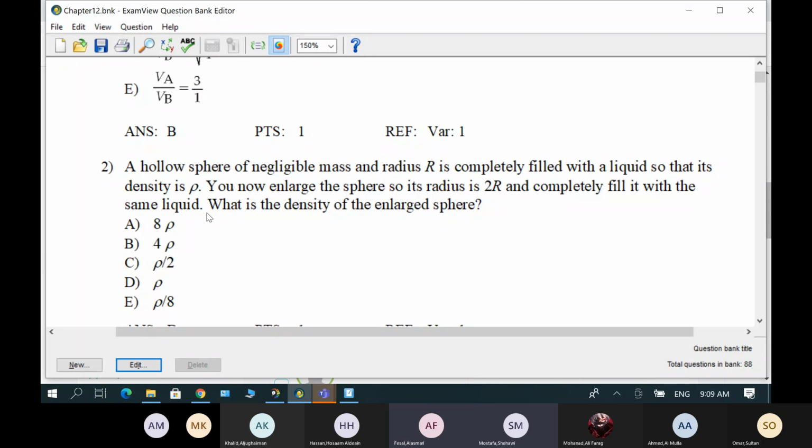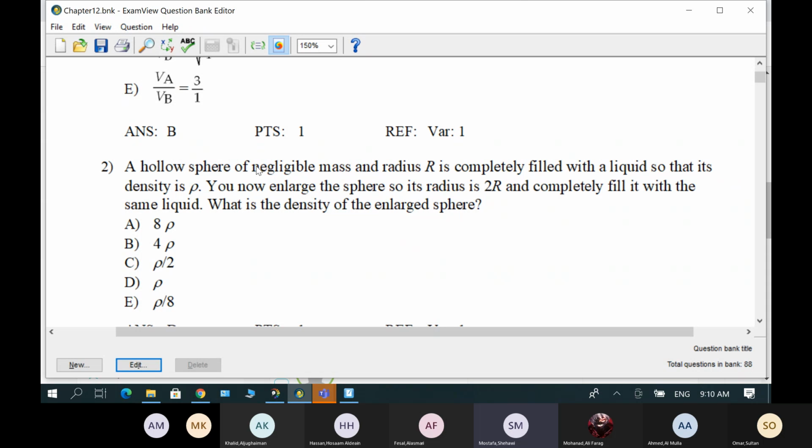Number 2, a hollow sphere of negligible mass and radius r is completely filled with a liquid, so that its density is rho. When you enlarge the sphere so its radius is 2r and completely fill it with the same liquid, what is the density of the enlarged sphere? So he's talking about density again, a hollow sphere of negligible mass.